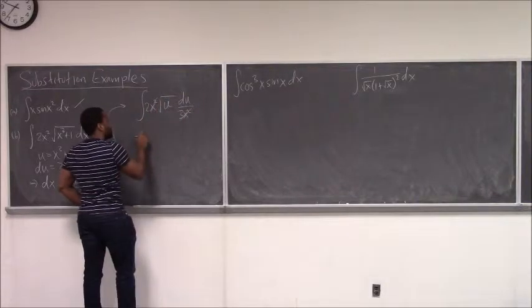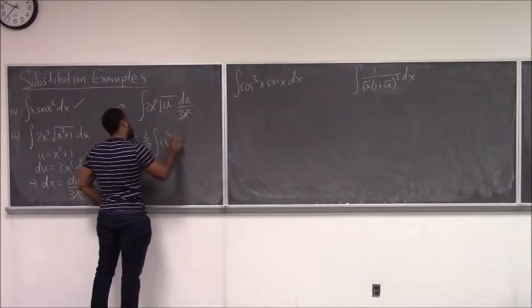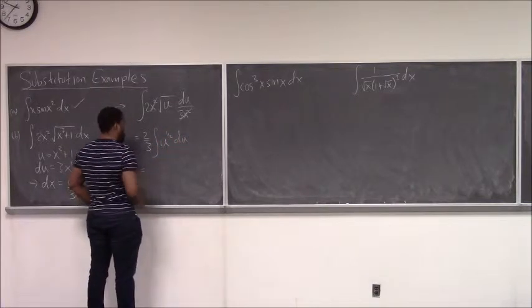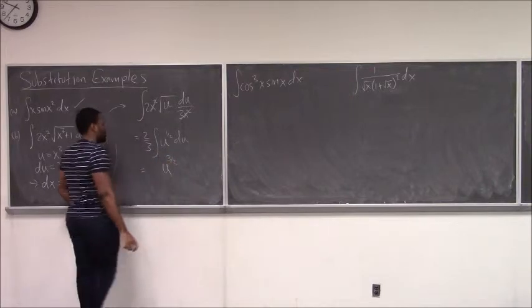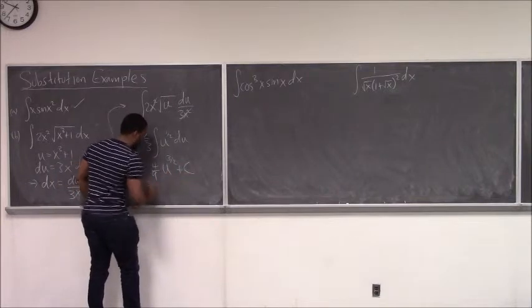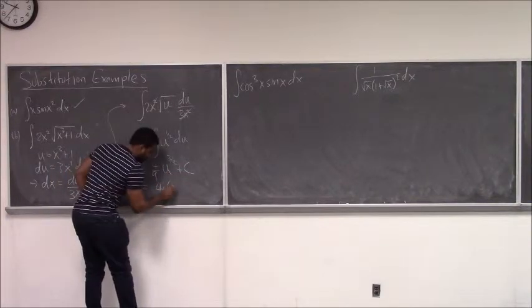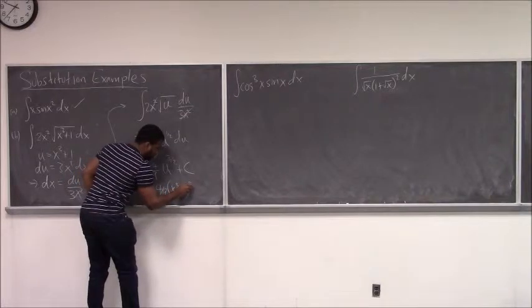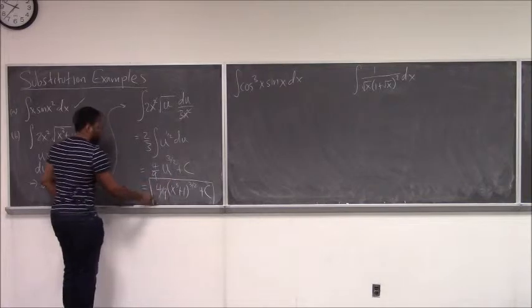The x squareds cancel, 2/3 comes out, and I'm left with the square root of u. So that becomes u to the 3/2 times 2/3. And that's it.